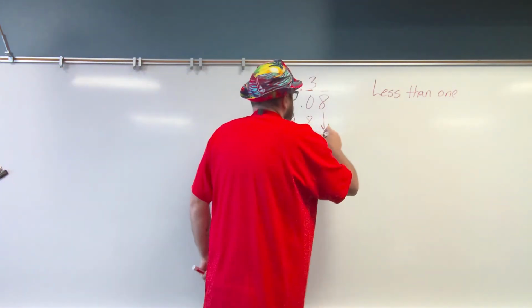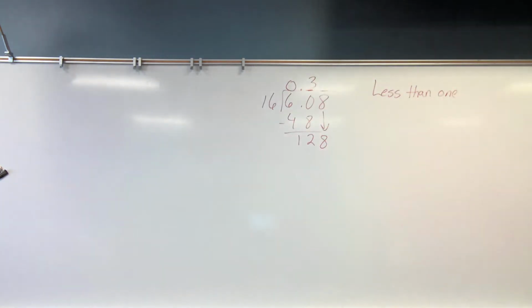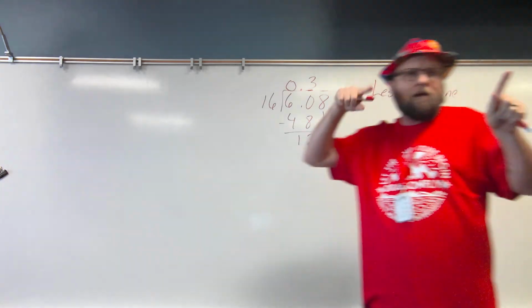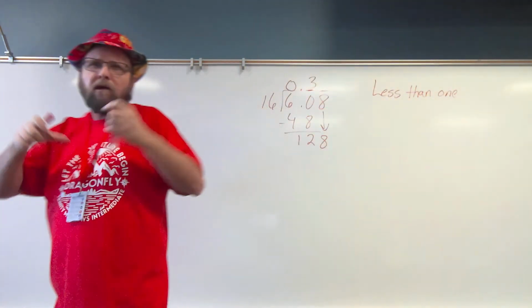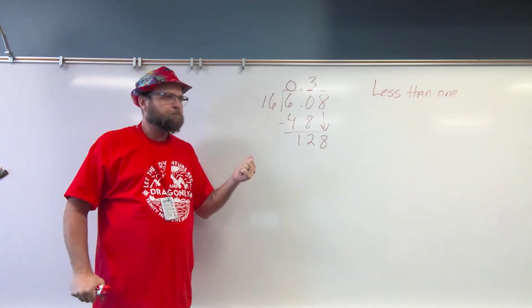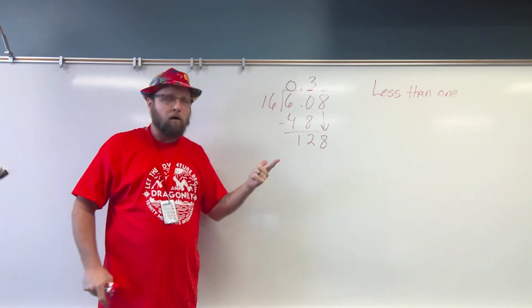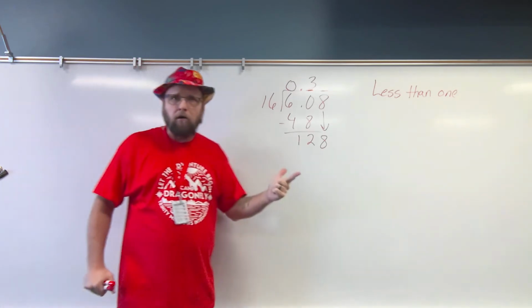So now I'm going to go down here. I'm going to bring my 8 down. And let me do some thinking here, because I know 16 times 2 is 32. I doubled that, so 16 times 4 is 64.